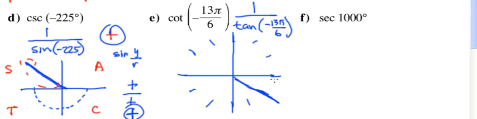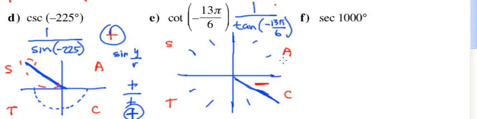This is negative 13 pi by 6. It's in the bottom right quadrant. The CAST rule says only cosine is positive here, meaning tangent will be negative and 1 over tangent will be negative as well. So we should get a negative result for this one.